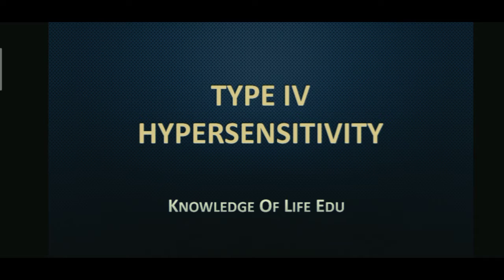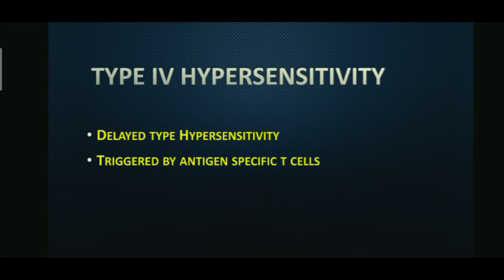Type 4 hypersensitivity, commonly called delayed type hypersensitivity, is the only class of hypersensitivity reactions triggered by antigen-specific T cells.